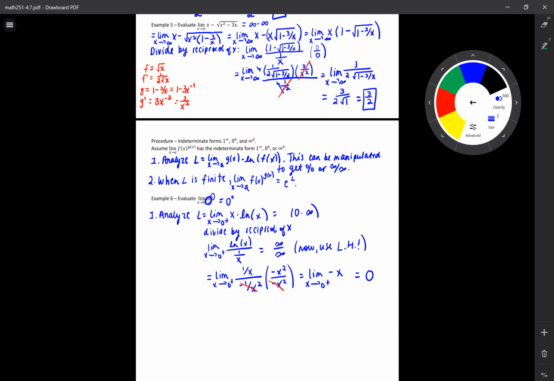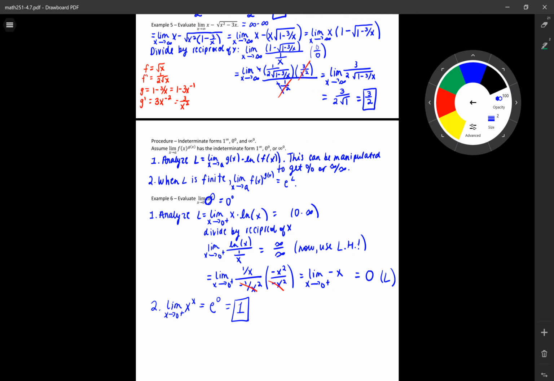So this is my L, right? I just solved for L. So this is not the limit of my actual function, because my second step, since I just basically took the natural log of this function, I need to exponentiate it. So the limit as x goes to 0 from the right of x to the power of x is equal to e to whatever I just found for L, which was 0. And e to the power of 0 is equal to 1.